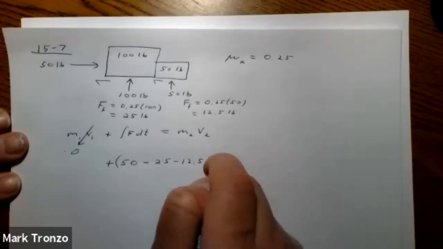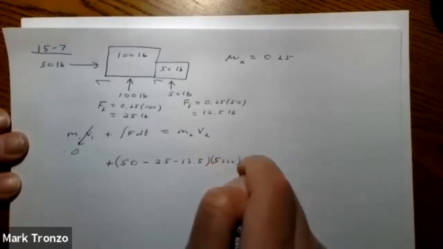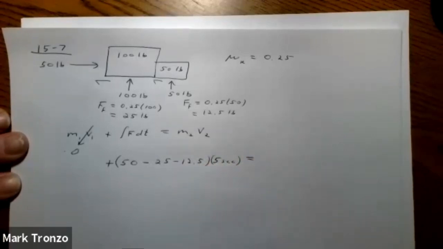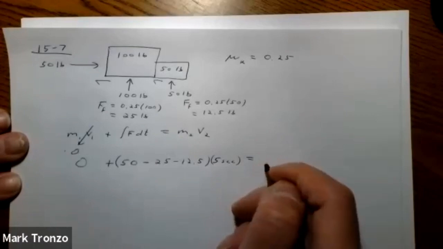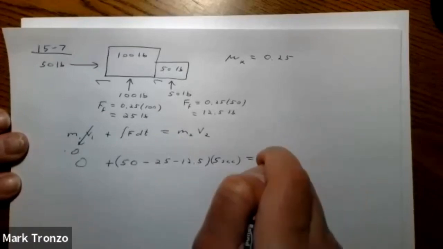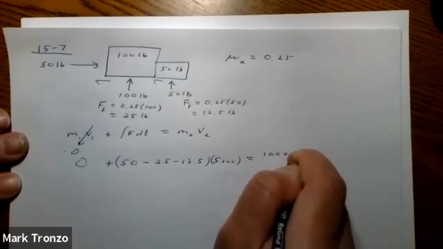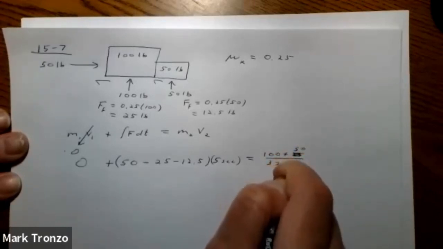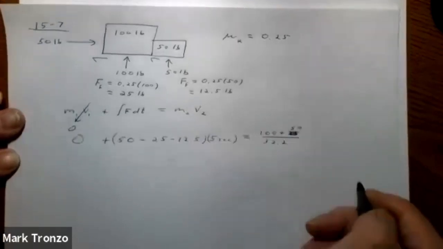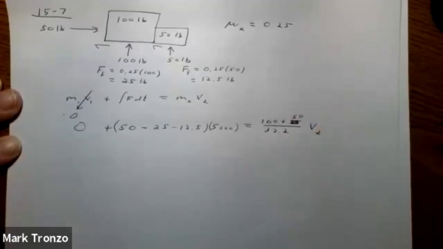So this is going to be 5 seconds here, equals M2, and that's going to be our total mass, times V2, like this.